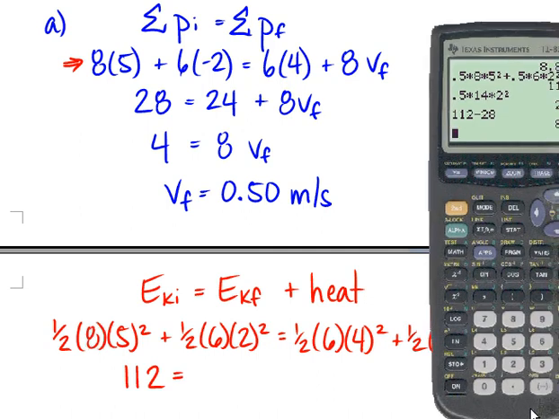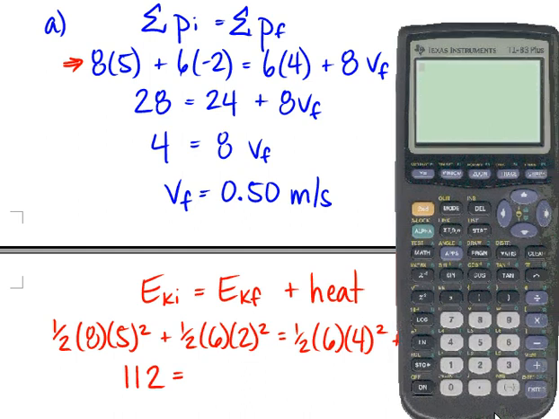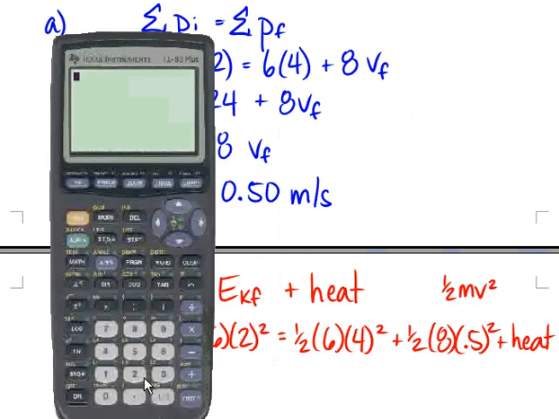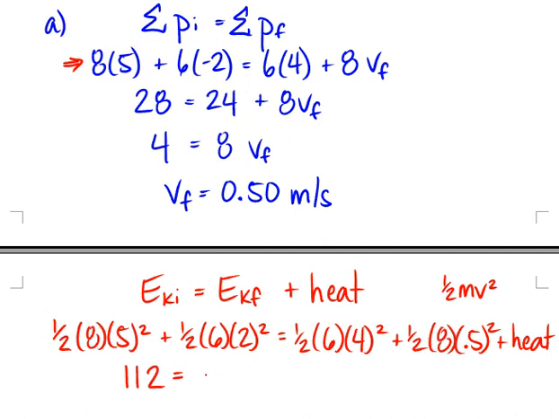Let's see what the right-hand side works out to be. 1/2 times 6 times 4 squared, plus 1/2 times 8 times 0.5 squared. 49. So we still have some heat created. You can see that those kinetic energies before and after are not the same.